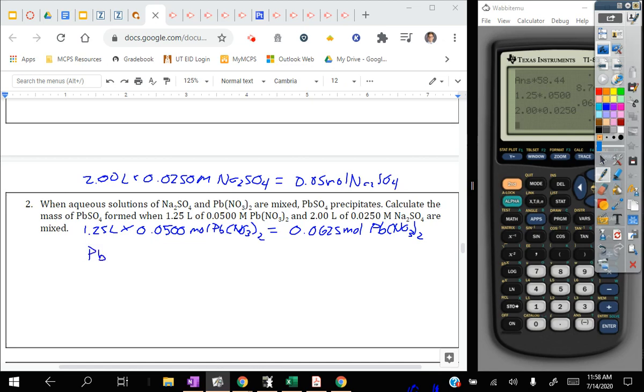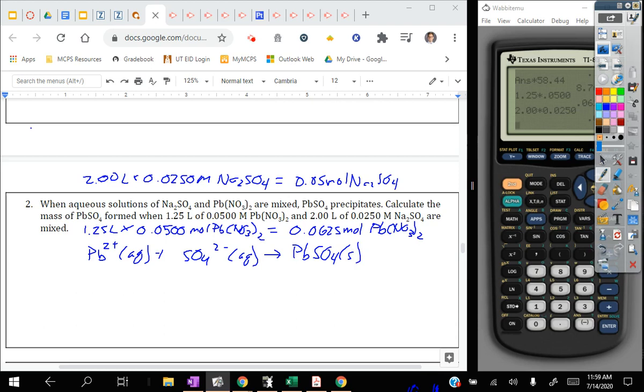I know that Pb2+ aqueous reacts with sulfate SO4 2- aqueous to form lead sulfate. And eventually I want to know the mass of lead sulfate. So I have 1 mole of lead for every 1 mole of lead nitrate here.